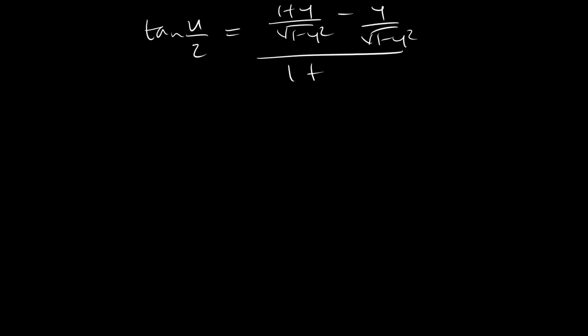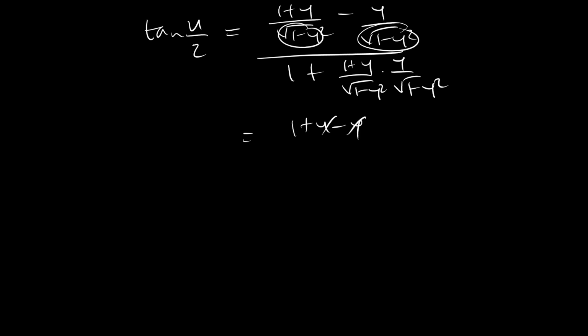So since our tangent of u over 2 is equal to (1 plus y) over the square root of 1 minus y squared minus y over the square root of 1 minus y squared, over 1 plus (1 plus y) over the square root of 1 minus y squared times y over the square root of 1 minus y squared, we can see quickly that the numerator has a common denominator, so we have 1 plus y minus y, this cancels, leaving 1 over the square root of 1 minus y squared.